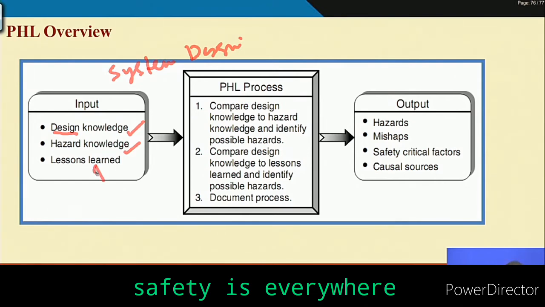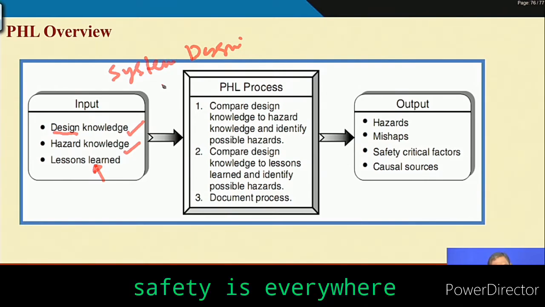Another important one is the lessons learned for the system you are interested in designing. There you will find that a similar system has been operational for a long time, and there have been many incidents, or many inspections were carried out. As a result, a good set of vocabulary and data is available with you.